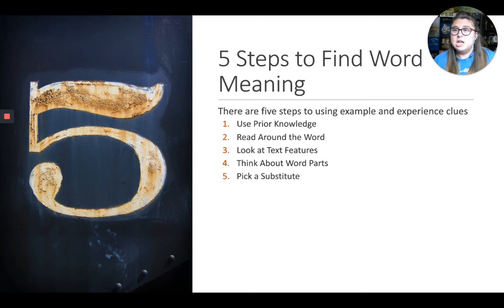We can always ask somebody, we can always look them up, we can always Google it and use a dictionary. But that's not going to help us remember those words. That's practicing a skill of finding information. Our goal has to be learning new words so that when we read them again, we remember what those words actually mean. That's why we want to practice these 5 steps.